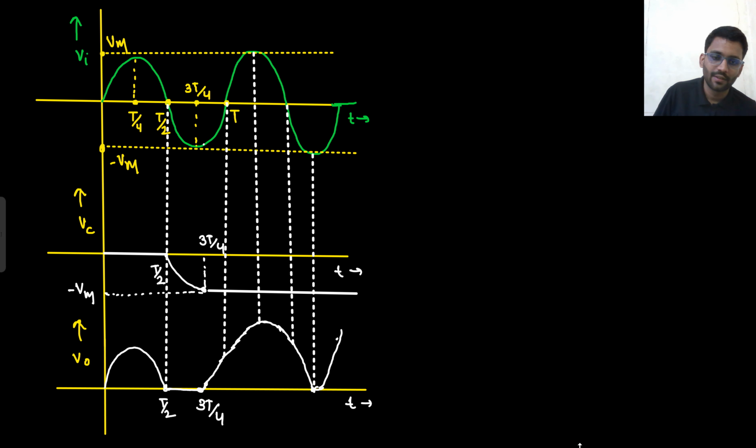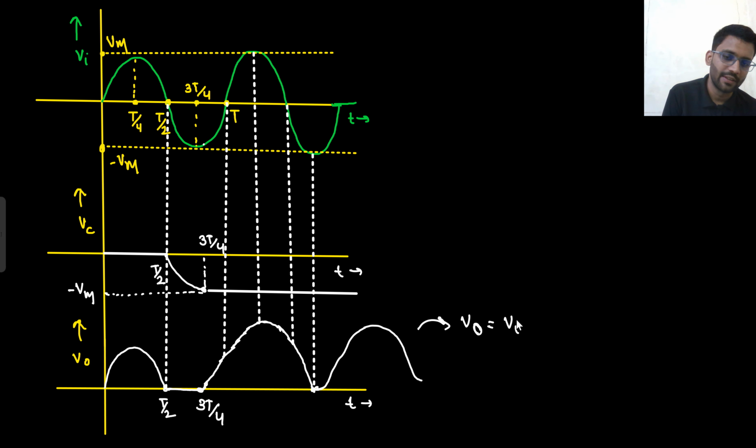Well and good. Right? So it will get repeated. So my output is V in plus Vm. So this was our positive clamper circuit.